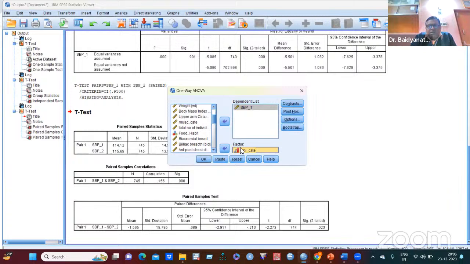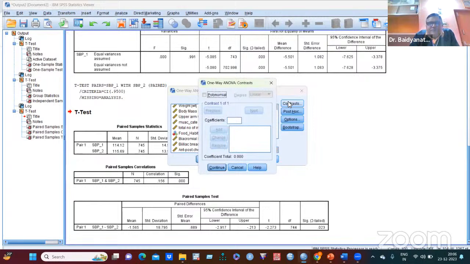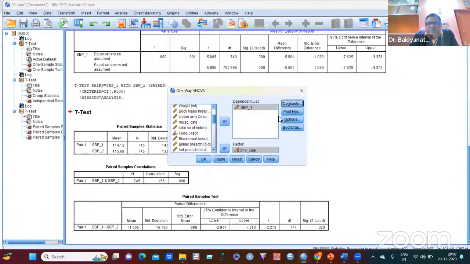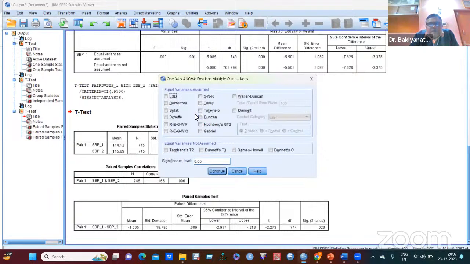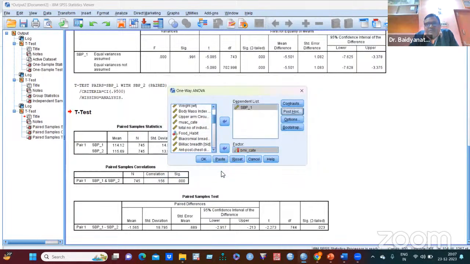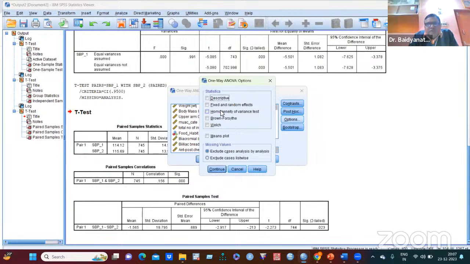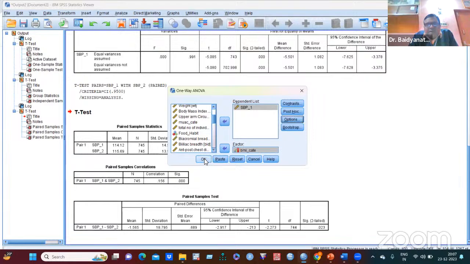So we get the 3 means also here, for each category. Contrast is not required. Post hoc is there. So I put here the step test. And in options, homogeneity of variance and descriptive statistics. Then continue, and okay.